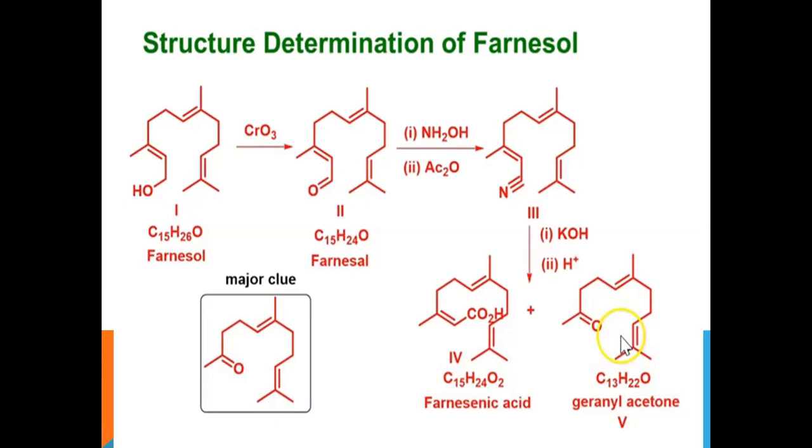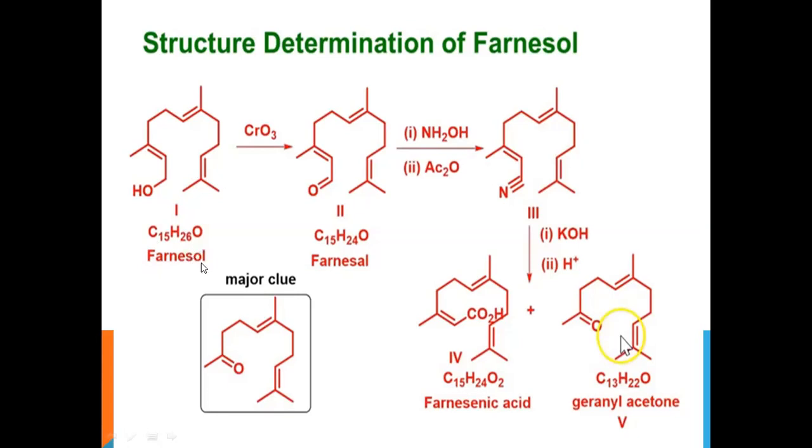Coming to farnesol, here we take farnesol and allow it to undergo oxidation with chromic acid. We get chromic acid by treating potassium dichromate in the presence of concentrated sulfuric acid. In the presence of chromic acid, usually compounds undergo oxidation. The oxidation takes place at the hydroxy group. Here we are discussing farnesol.